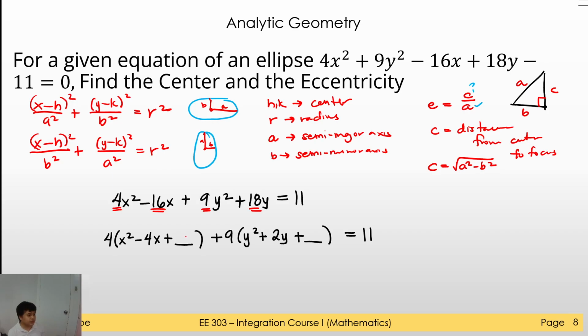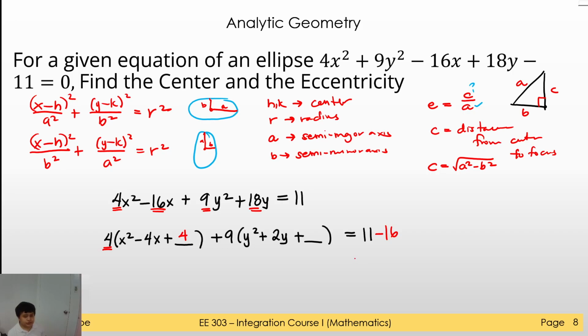To make this a complete square, you can add here 4. So what should we add to the other side? If we add 4 here, should we add 4 here as well? Yes, we should add 4 as well, but don't forget the multiplication by 4. So basically we are adding 4 times 4 because we have to distribute the 4 here.